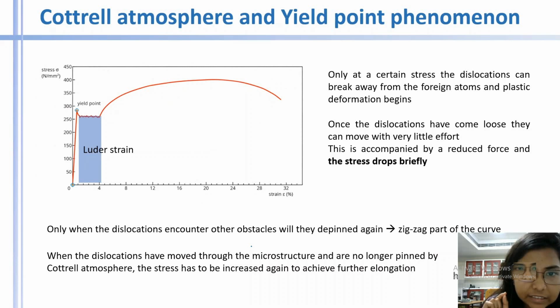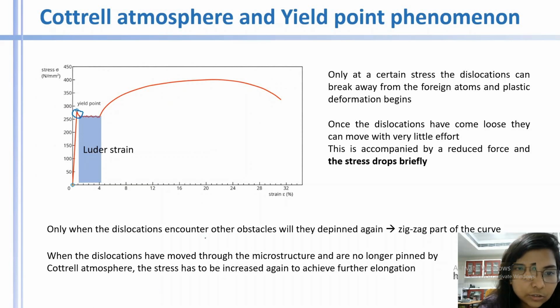Only at a certain stress can the dislocations break away from the foreign atoms and plastic deformation begins. Once the dislocations have come loose, they can move with very little effort. That is accompanied by a reduced force and the stress drops briefly. So this is the point where the stress drops briefly.